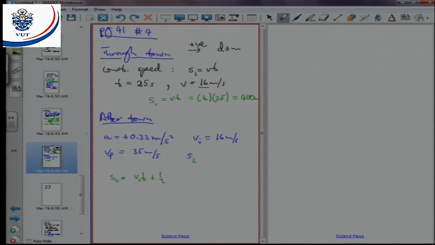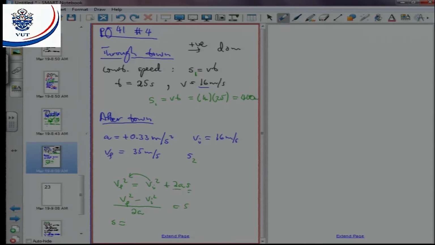Then S2 is equal to Vit plus 1/2... Oh, we don't have t, so the equation we are going to use is Vf squared equals Vi squared plus 2As, and we're looking for S. So let's take Vi to the other side and divide by 2a, so we get Vf squared minus Vi squared over 2a equals the S that we are looking for.